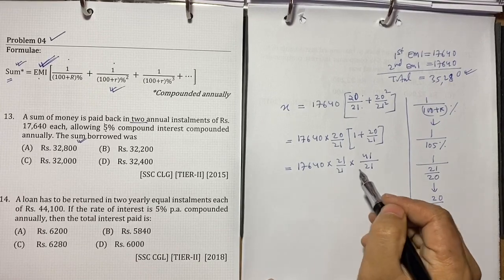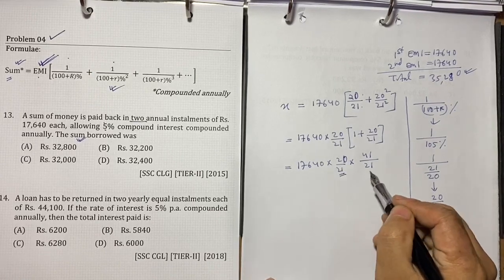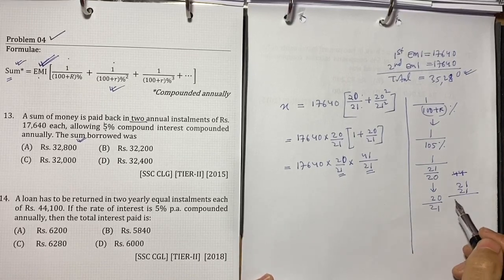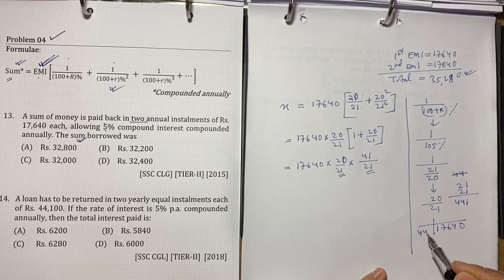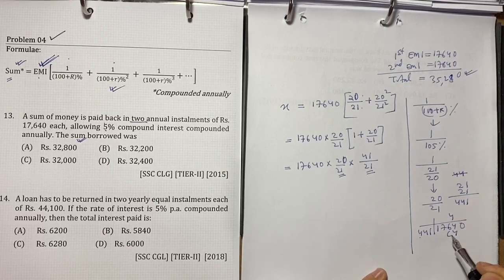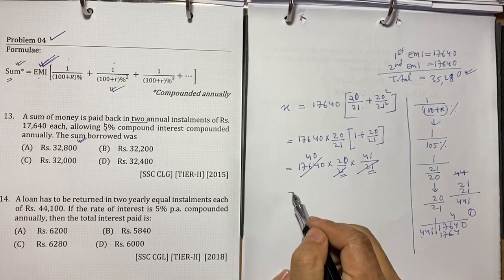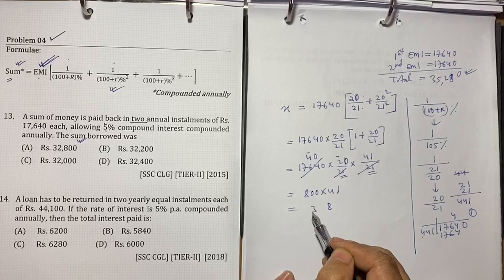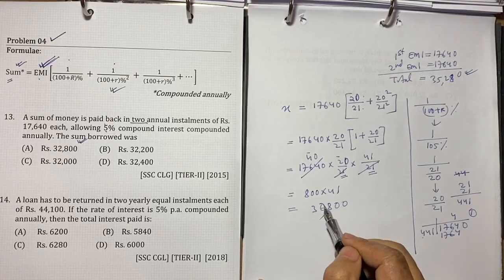Cancelling 21, and 21 into 21 multiplied gives 441. Now 17640 divided by 441 gives 40, so this will be 800 into 41, which is 32800.